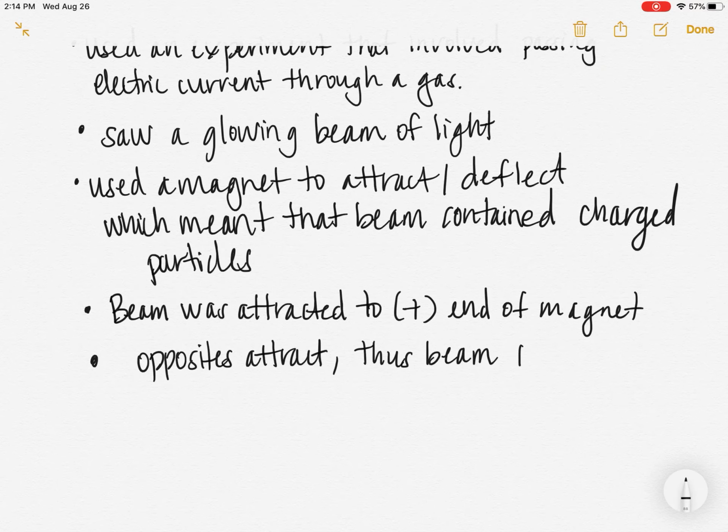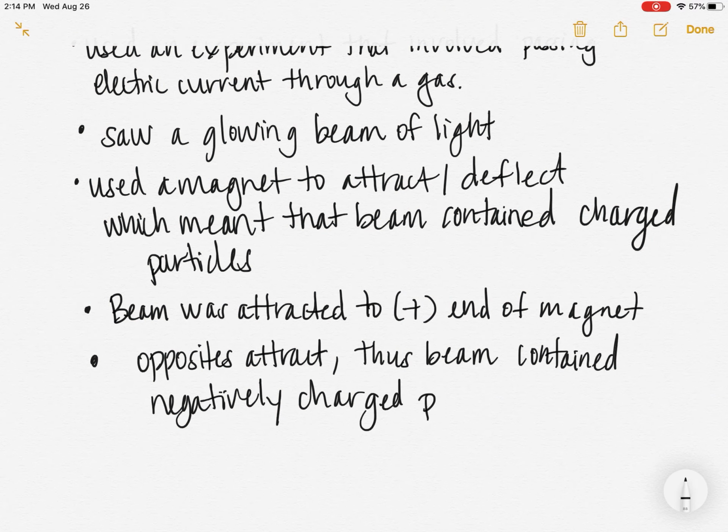So thus, he was able to conclude that this beam contained negatively charged particles, which he calls electrons.